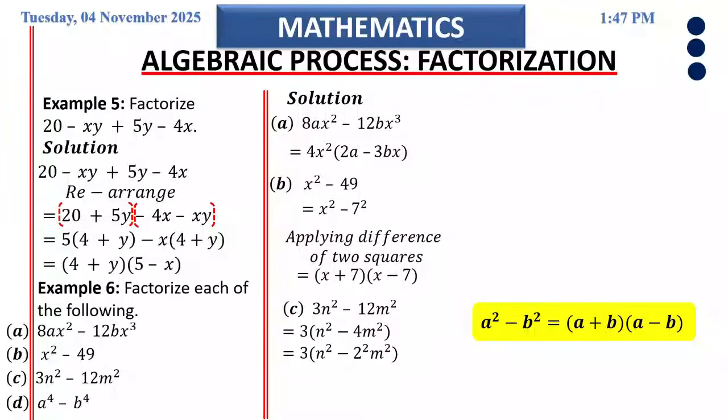If you're going to apply it, you must arrange it such that at the end of the day, you can see two squared terms, so two different units squared. All right, so from what we have, you will agree with me that this 2 squared m squared can be written as 2m all squared. You don't agree with that?